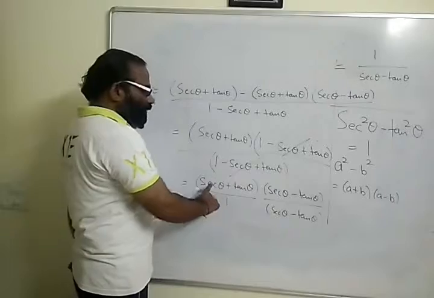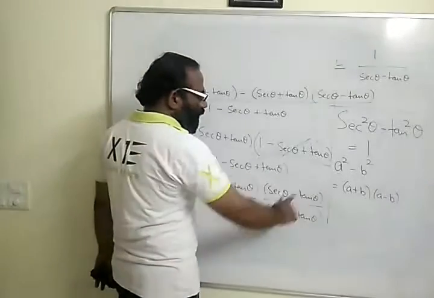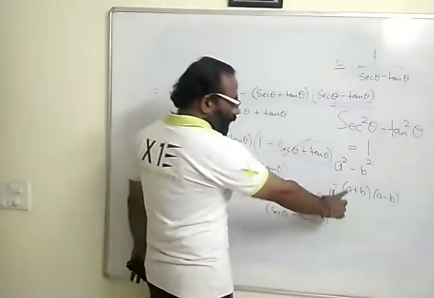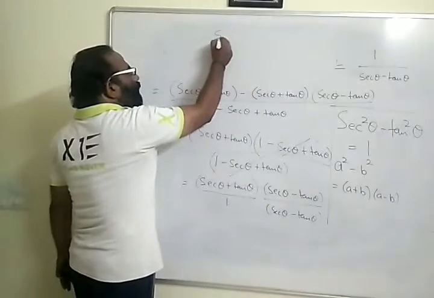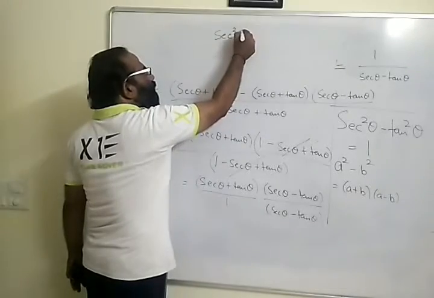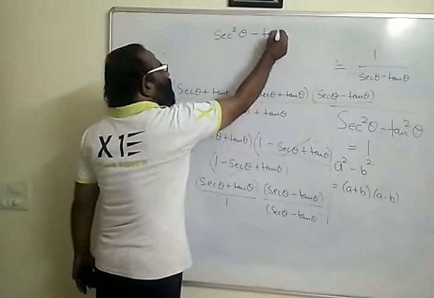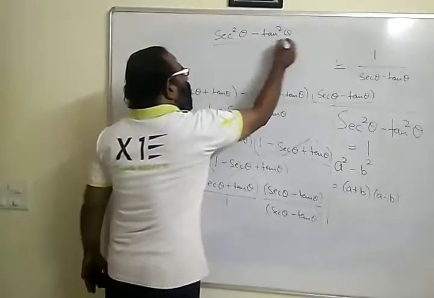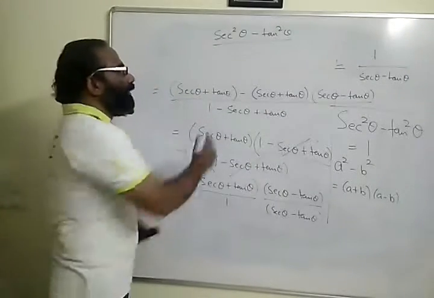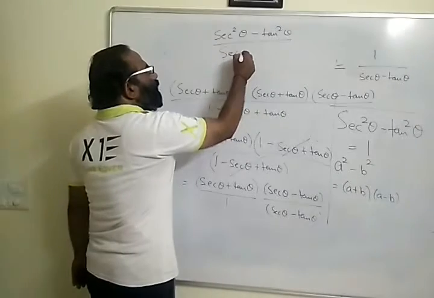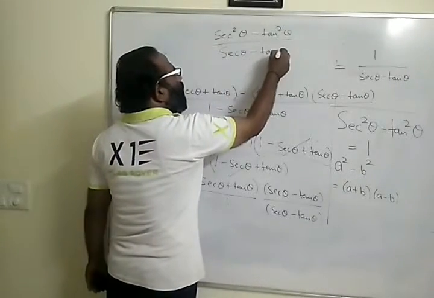So the numerator becomes secant theta plus tan theta into secant theta minus tan theta. That is of the form a plus b into a minus b, which is a squared minus b squared. So I can write it as secant squared theta minus tan squared theta, by secant theta minus tan theta in the denominator.